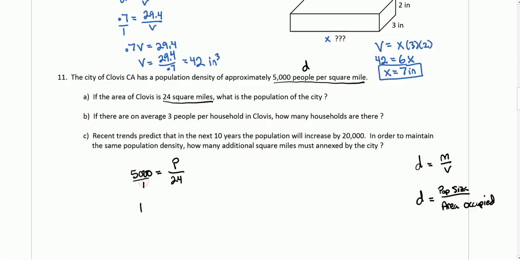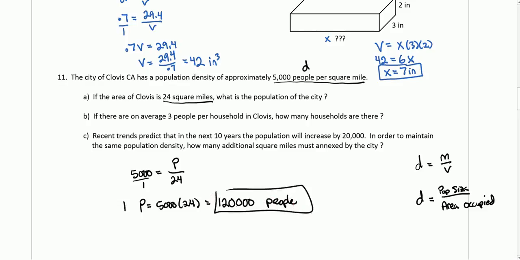We can cross multiply and get our population is 5,000 times 24, which is 120,000, and our units are people.